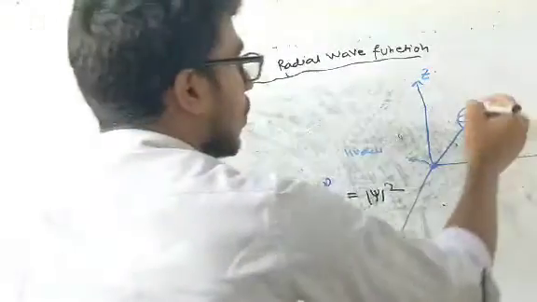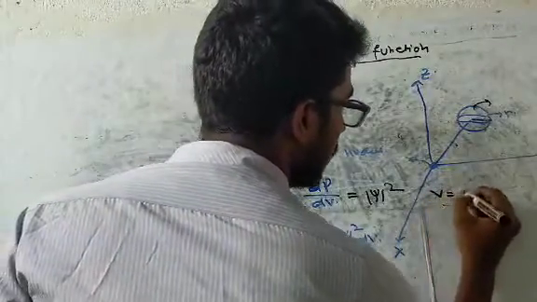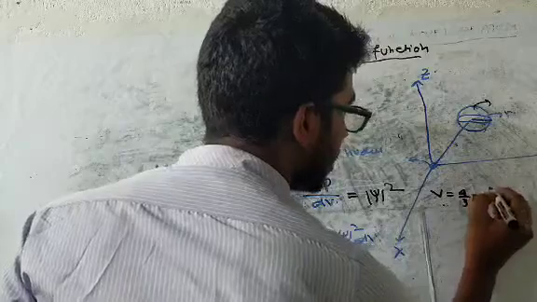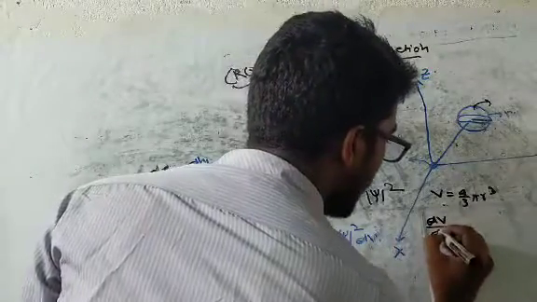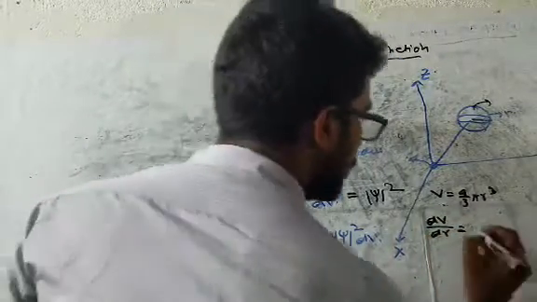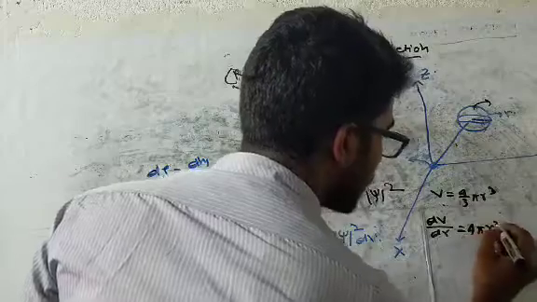Now what is the volume of this region? The volume of a sphere with radius r is V equals 4 by 3 pi r cube. Taking the derivative with respect to r, dV upon dr equals 4 pi r square.